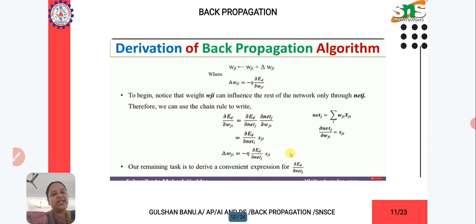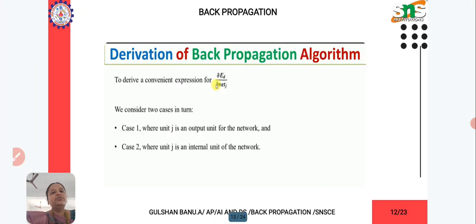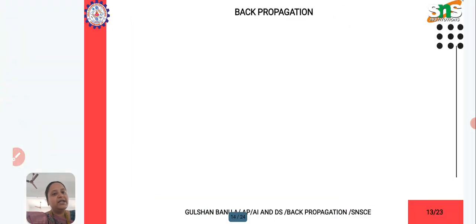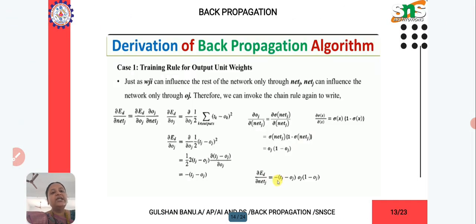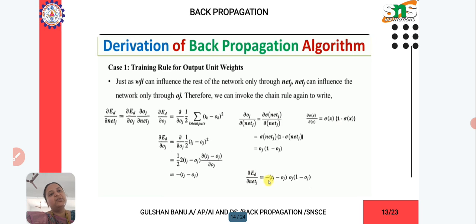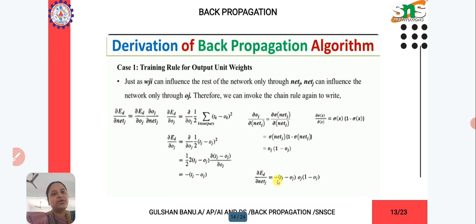Therefore you get minus eta times the derivative of the error E_d with respect to net_j, multiplied by x_ji, that is the input value. So we consider case 1, where unit j is an output unit of the network, and case 2, where unit j is an internal unit of the network. In case 1 we train the rule for the output unit weights. These are the mathematical calculations of how you denote the process.